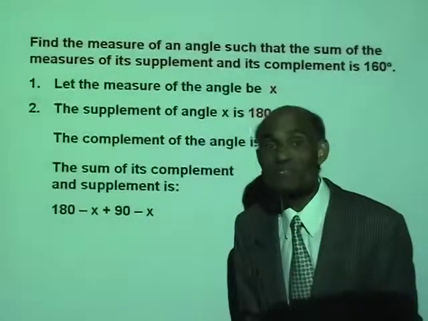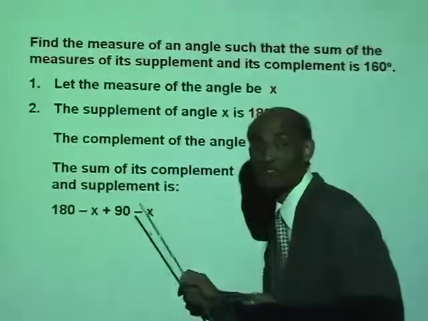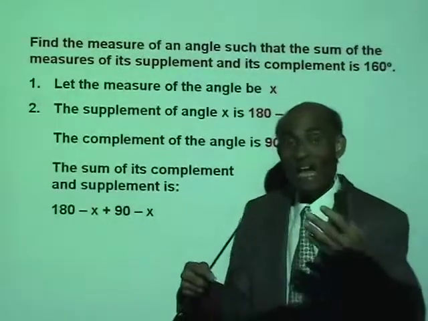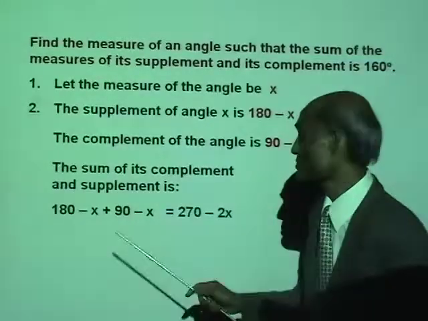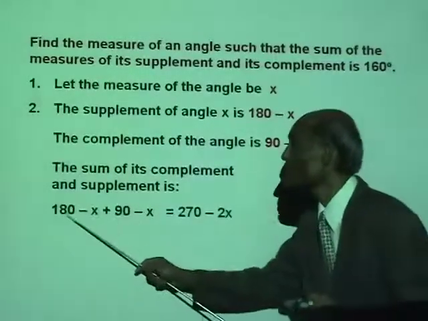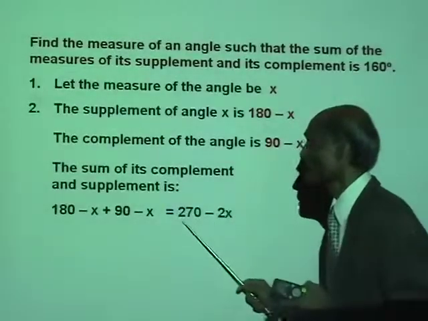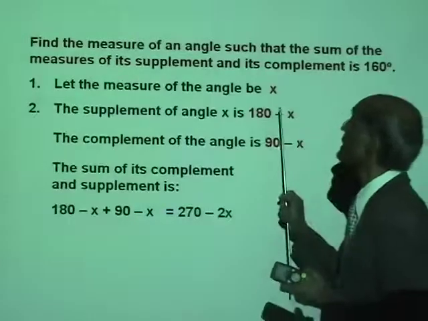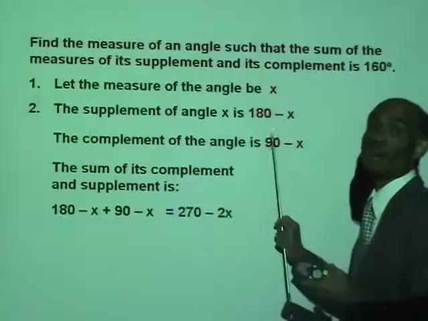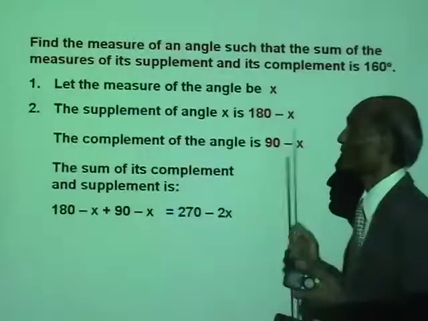It is 270. What is minus x minus x? 2 negative x added gives you negative 2x. So this is equal to 270 minus 2x. Now this is the sum of the supplement and the complement of angle x.